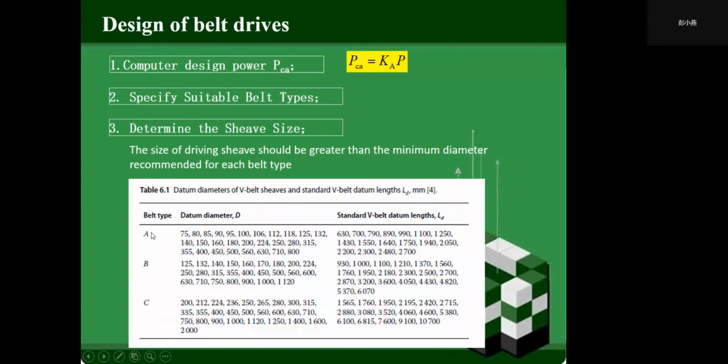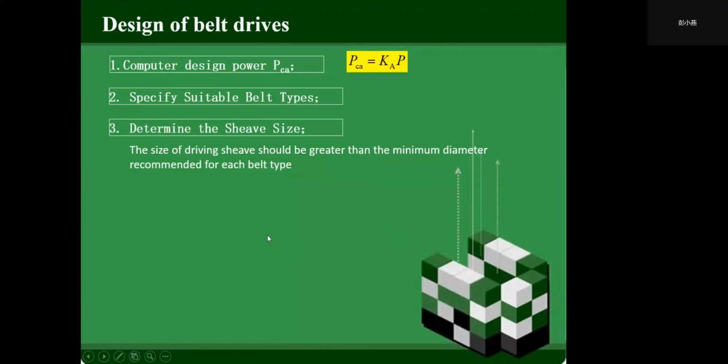This is for A type, this is for B type, this is for C type, and we should choose a standard value for the belt.